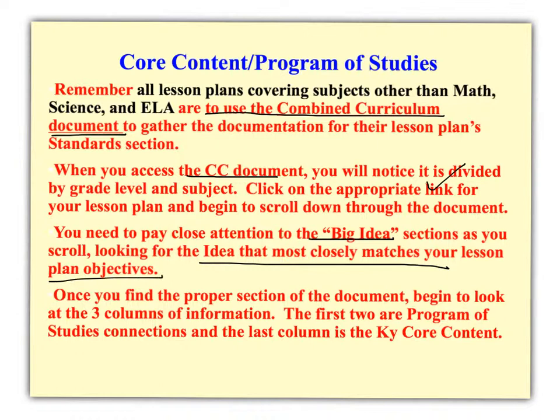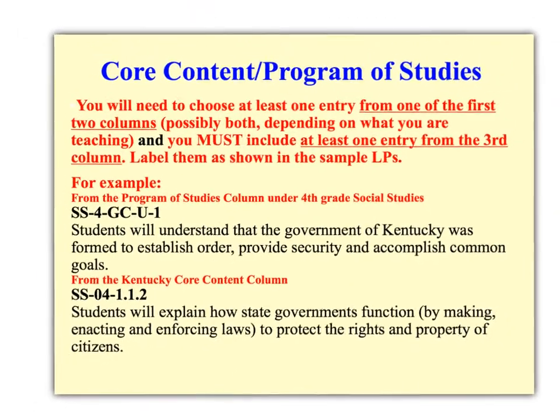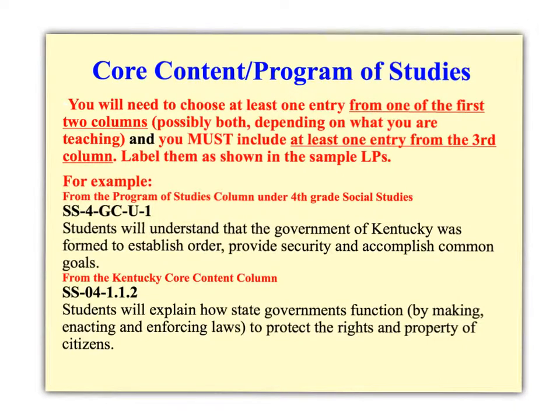Once you find the proper section of the document, look at the 3 columns of information. First 2 are program of studies. Last column is Kentucky Core content. That's important that you remember that, and here's why. You need to choose at least one entry from the first column, or I should say first 2 columns, possibly both, depending on what you're teaching.